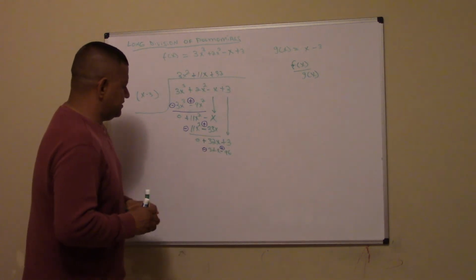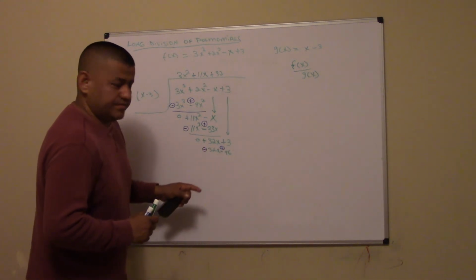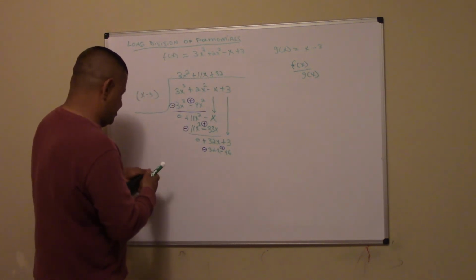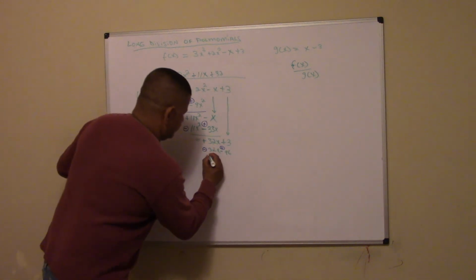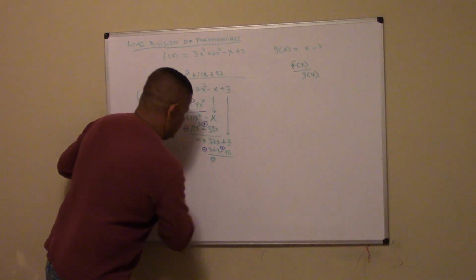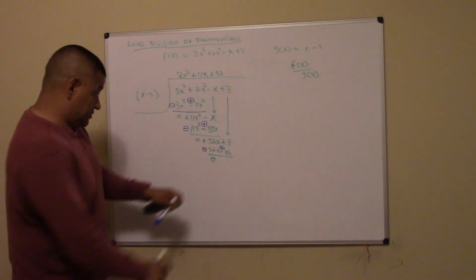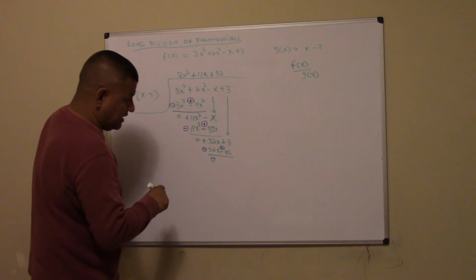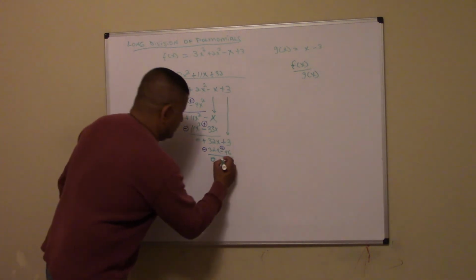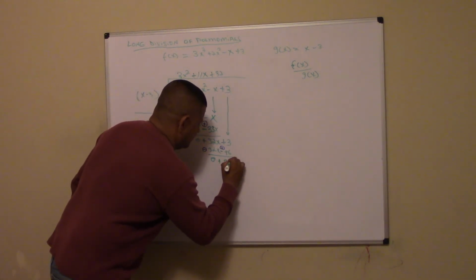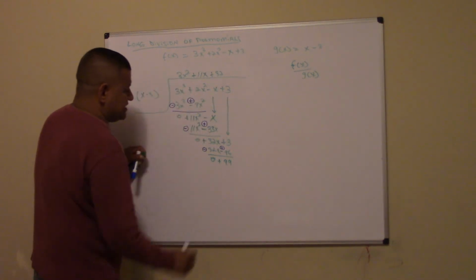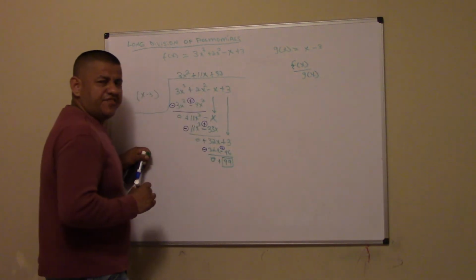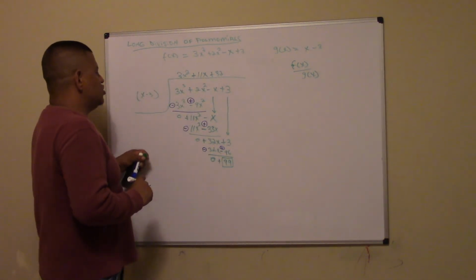Put a circle on it. Add them together. This is equal to 0. Now, positive 96 plus positive 3 is equal to 99. So this right here is the remainder.